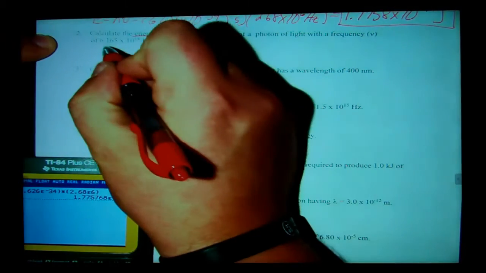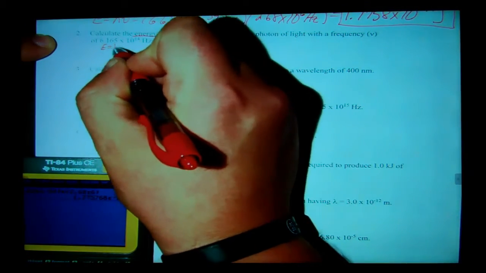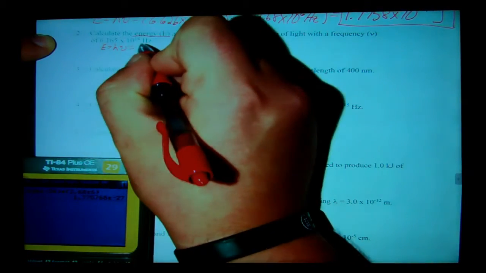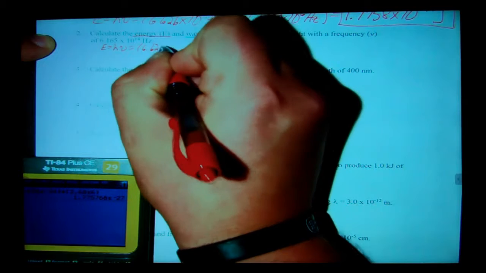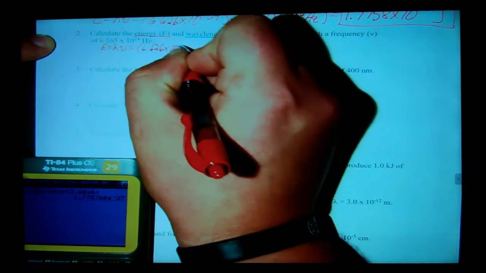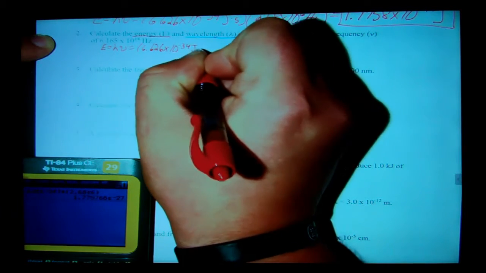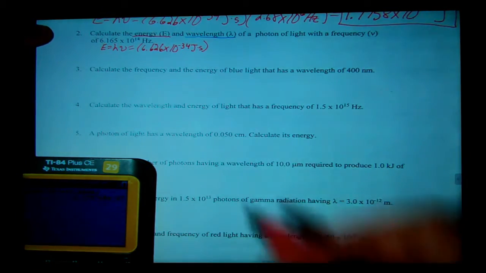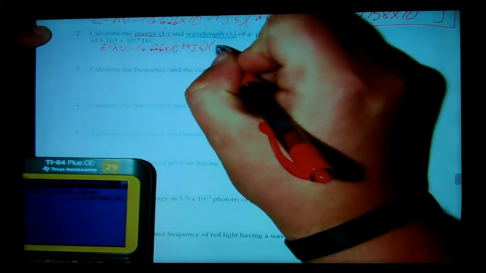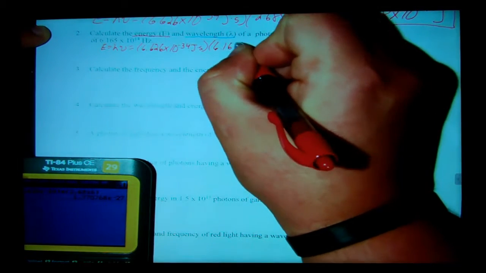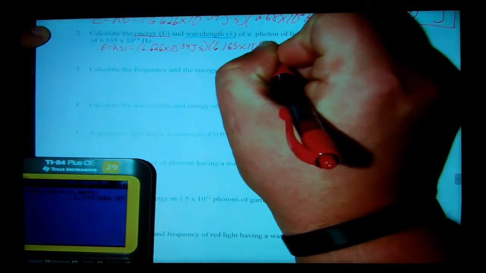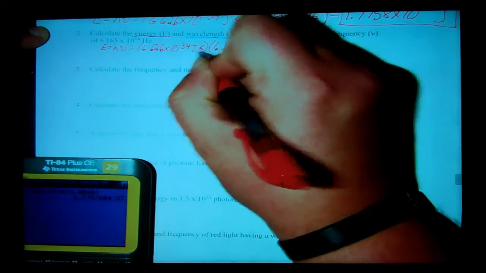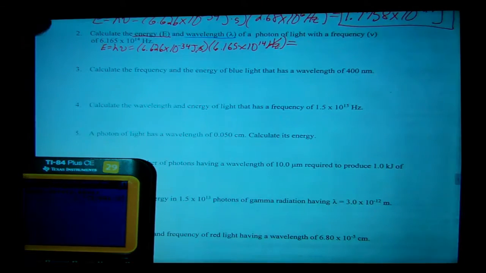Energy equals Planck's constant times frequency, which is 6.6 times 10 to the negative 34 joule seconds. Remember, it's joule times seconds. Multiplied by 6.165 times 10 to the 14th hertz, which is inverse seconds, so it cancels out with the seconds, leaves me with joules. This is what I'm looking for.